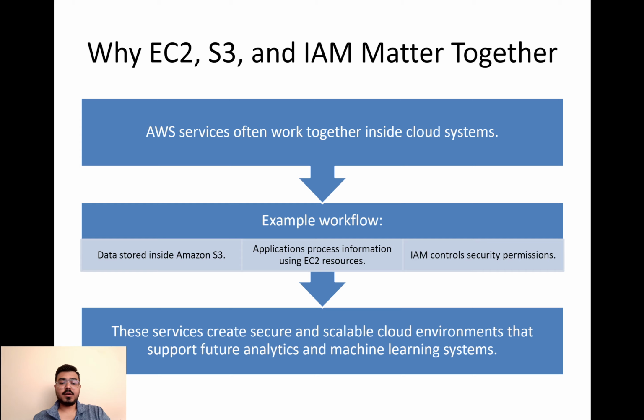Let's imagine a machine learning example. An organization stores machine learning datasets inside Amazon S3 and EC2 instances process information and support model training activities. IAM controls security permissions to ensure only authorized users can access machine learning resources. Together, EC2, S3, and IAM create secure, scalable, and reliable cloud environments.